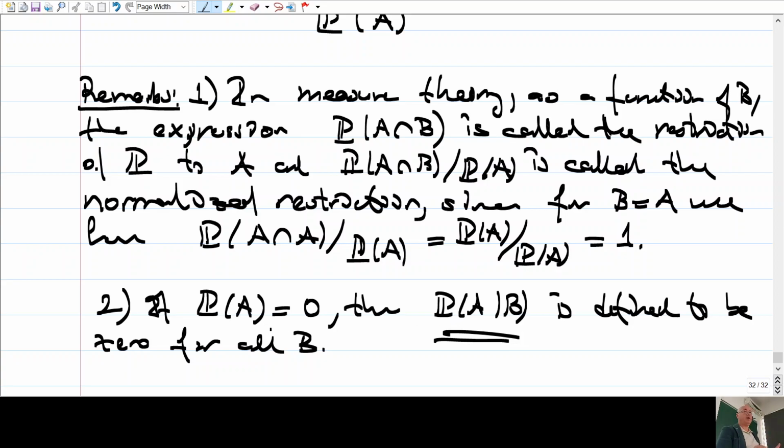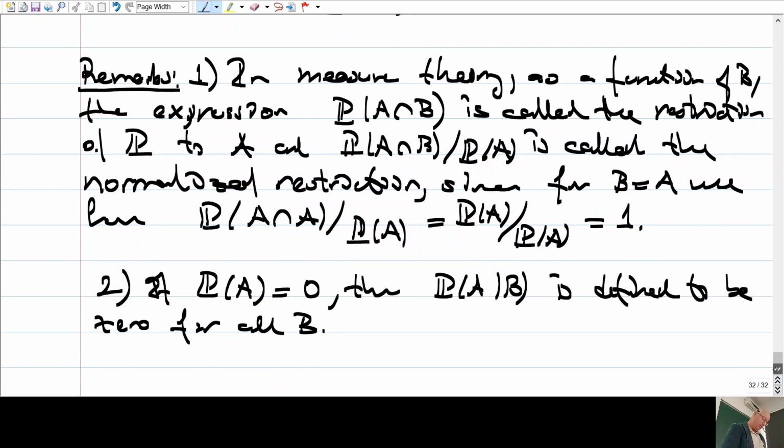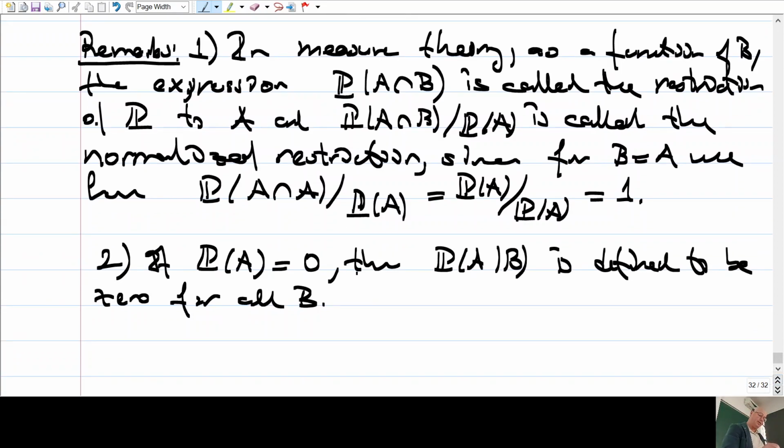But since its measure is 0, A will never occur. Therefore, B will not occur under the condition that A has occurred. That's why we define this gadget to be 0 if A has measure 0.